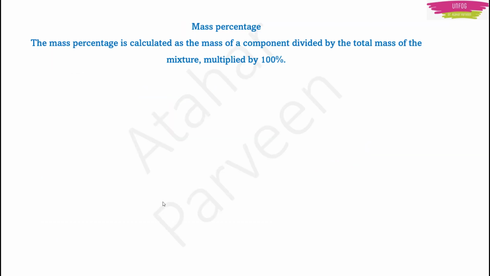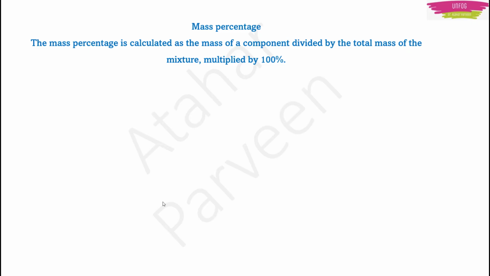Now, let's talk about what is called mass percentage. Now, this is another way of representing concentration of an element in any compound or a component of a mixture. How you calculate it? You calculate it as the mass of a component divided by total mass of mixture.